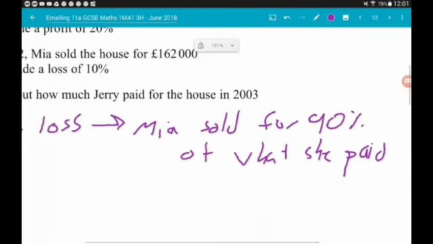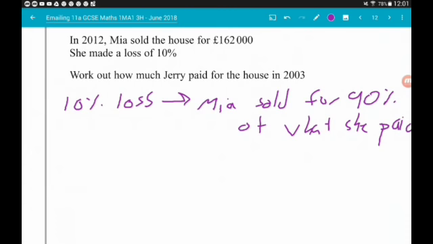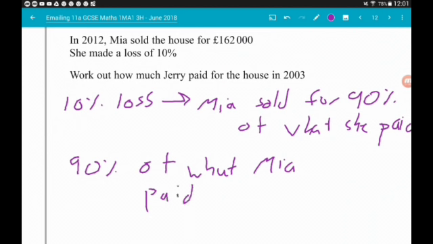So that means then 90% of what Mia paid is £162,000. So from this we can use reverse percentages to work out how much she paid for the house, which is the amount Jerry sold the house for.